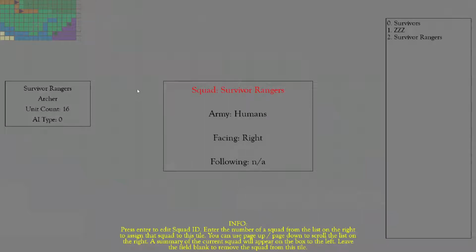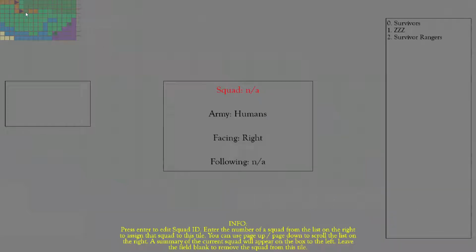Following's not really important for this example, but I can make one unit kind of override their AI and make sure they follow a different unit. That's good if I had like a commander right here that this army's supposed to be following or something like that. Or if you just want one unit to always go after another at the beginning.